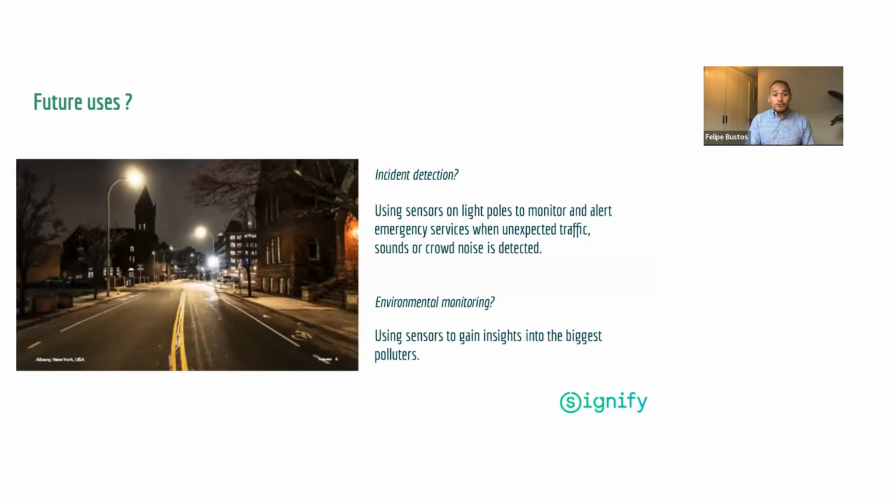For future uses, we can also think of potential incident or accident detection. Through the use of sensors on light poles, we can monitor and alert emergency services, for example, when unexpected traffic, sounds, or a crowd or accident is detected.